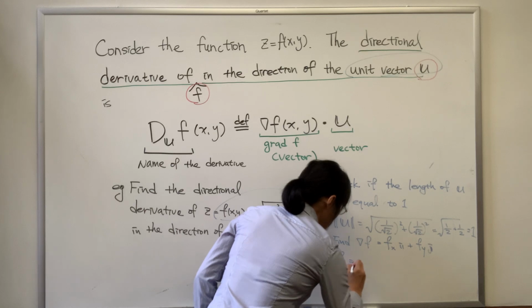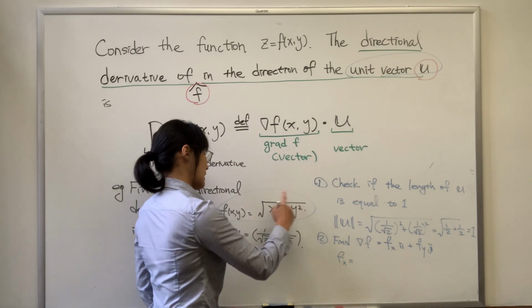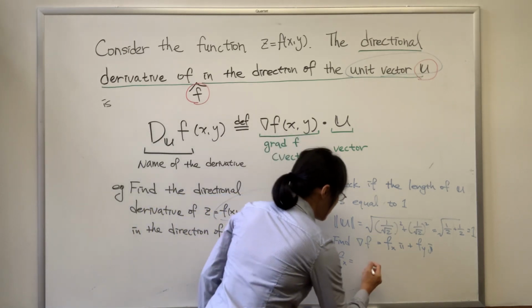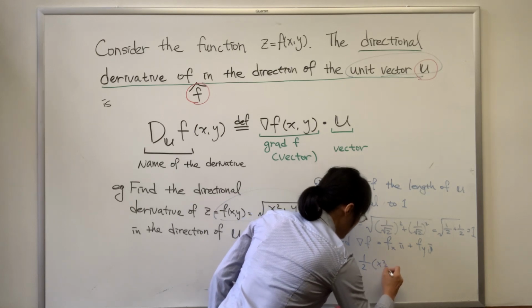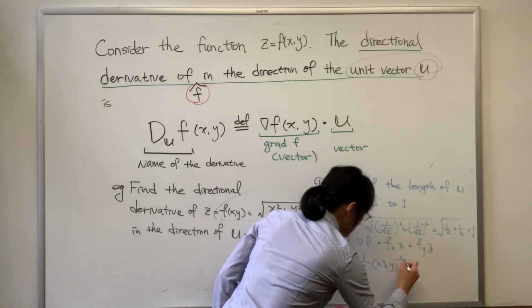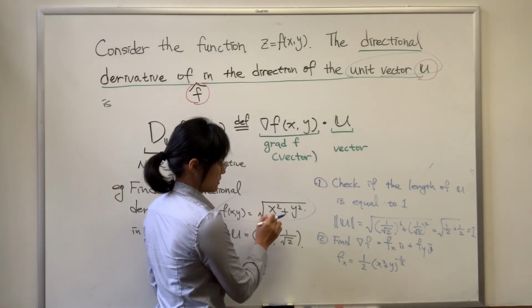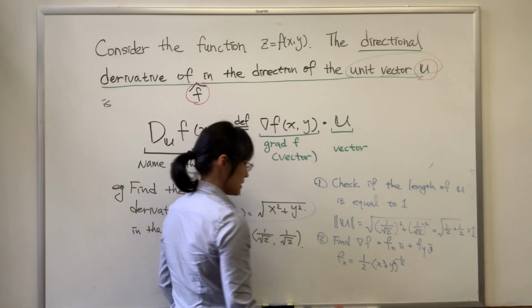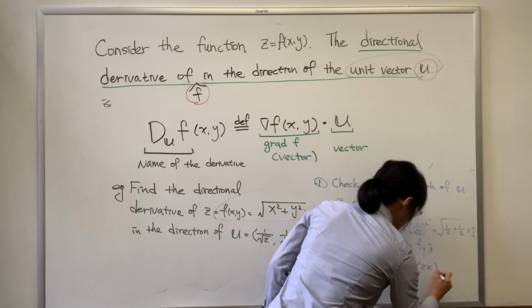For df/dx, this is a composite function. The square root is the outer function, x squared plus y squared is the inner function. 1 over 2 times x squared plus y squared to the power minus a half is the derivative of the outer function, evaluated at the inner function, times the derivative of the inner function.